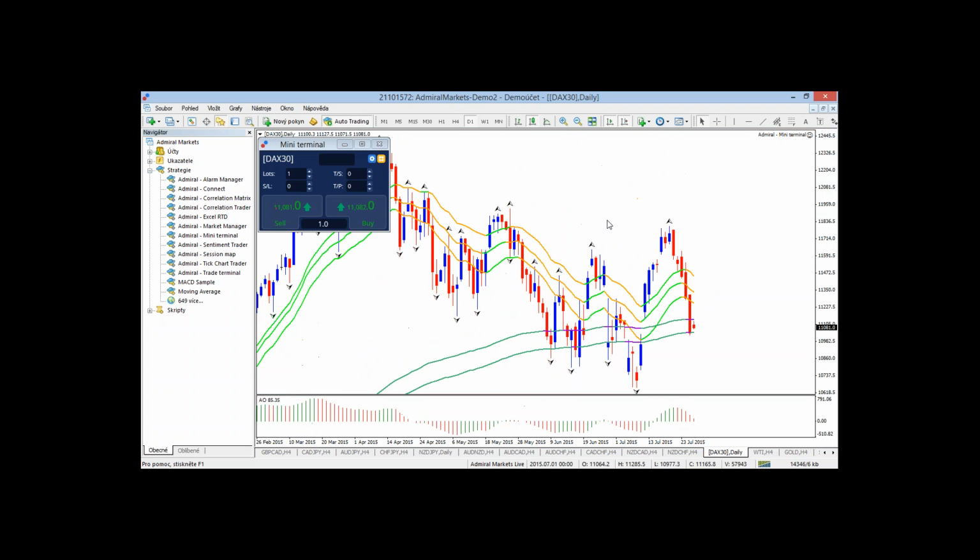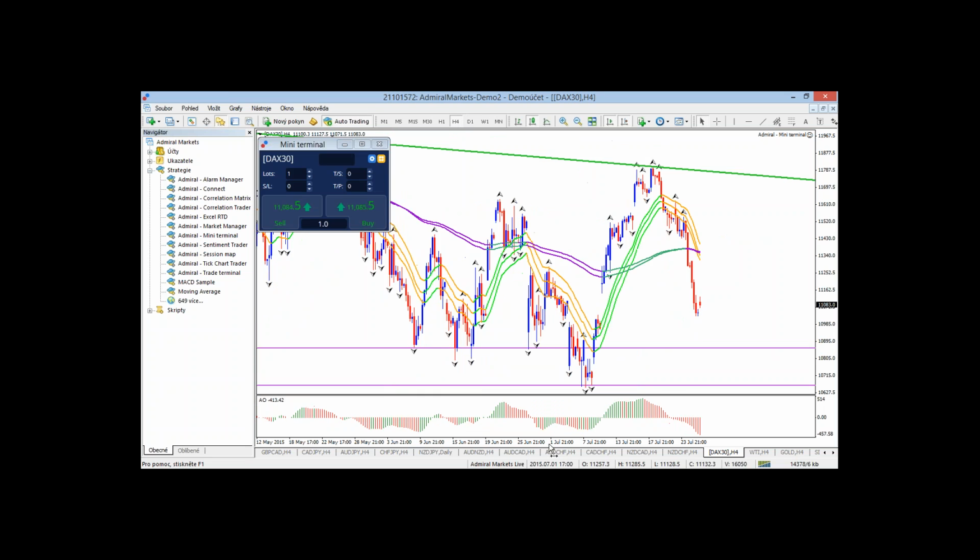Now we're not there quite yet because we do have on the daily pretty thick support levels coming in. And that's not going to break without some kind of bounce, some kind of support kicking in, some struggle there.